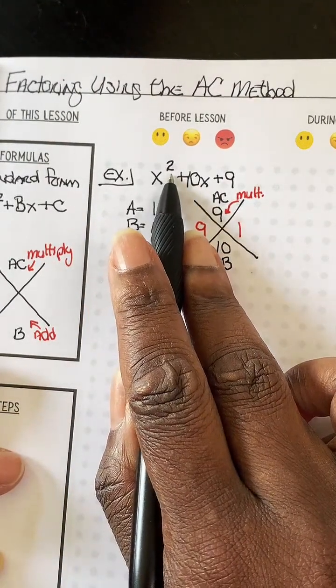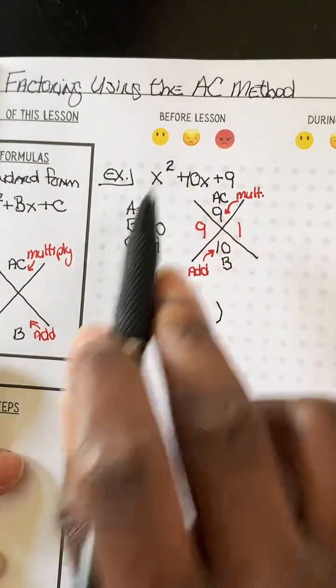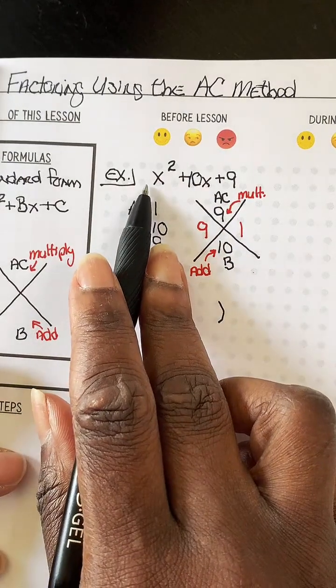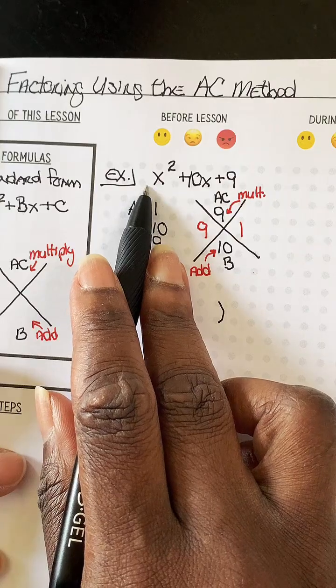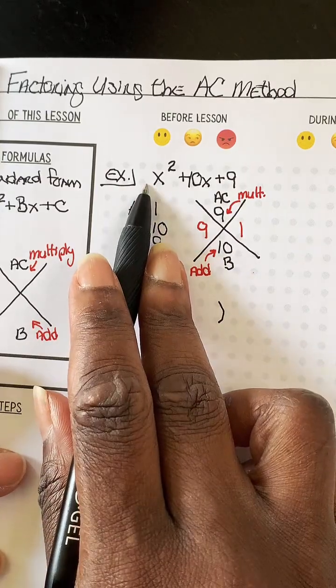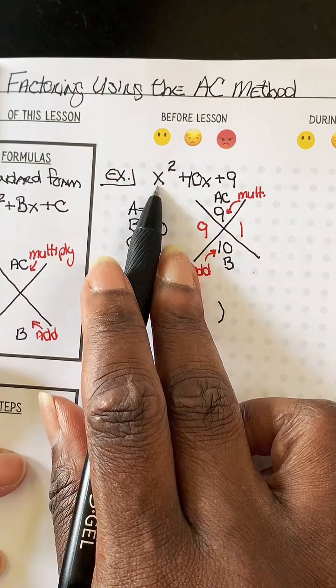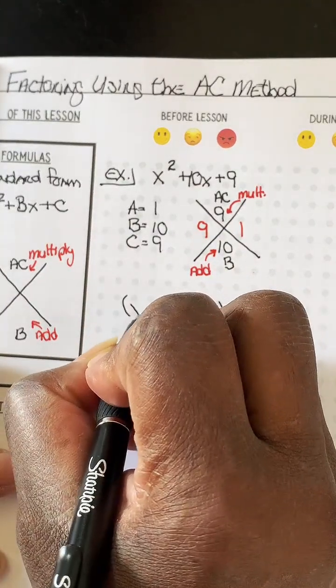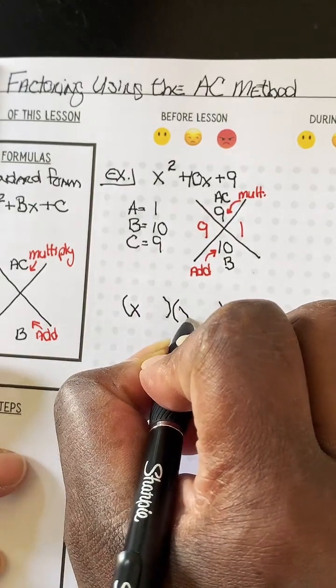This is telling me how many factors, how many solutions I should have. Since my leading coefficient is a 1, my A is a 1, I can go ahead and just split my x's. That means I have 1x here and 1x there.